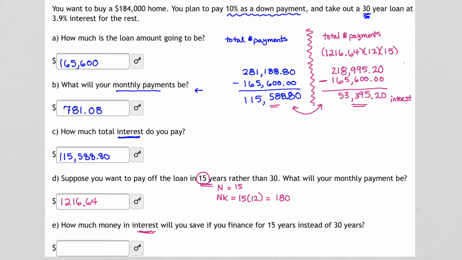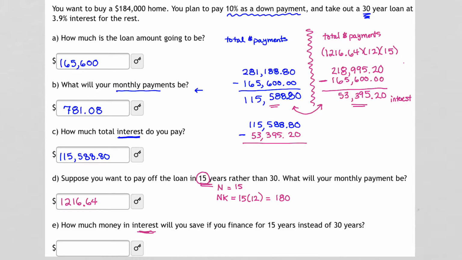Erasing, we take the amount of interest we paid on our 30-year loan, which would be $115,588.80, and we subtract from it the amount of interest that we would pay on our 15-year loan, which is $53,395.20.